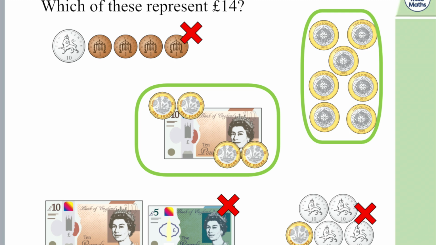Let's count in 2s together to check it makes 14. 2, 4, 6, 8, 10, 12, 14. £14. At the bottom we can see a £10 note and a £5. Well, 10 add 5 makes 15, so that's £15, which is why it was wrong. And then in the bottom right-hand corner we can see we've got a pound and 4 10p's. What does that show? That's right, it shows £1.40, not 14.